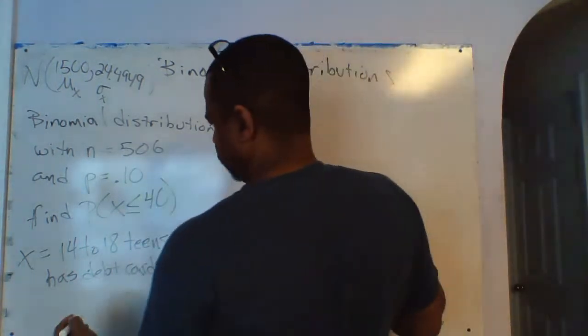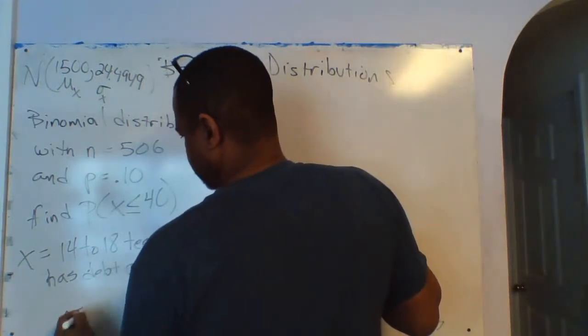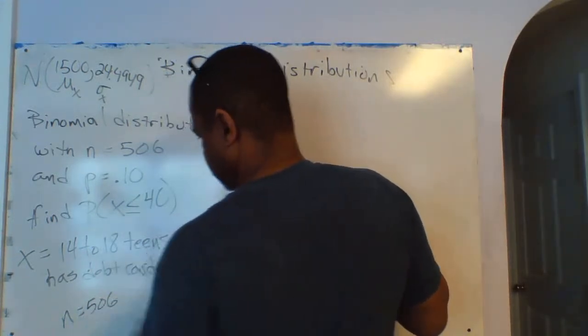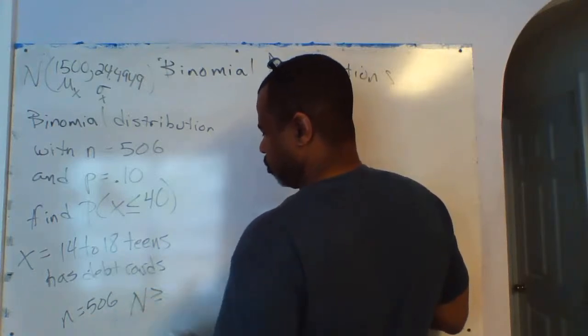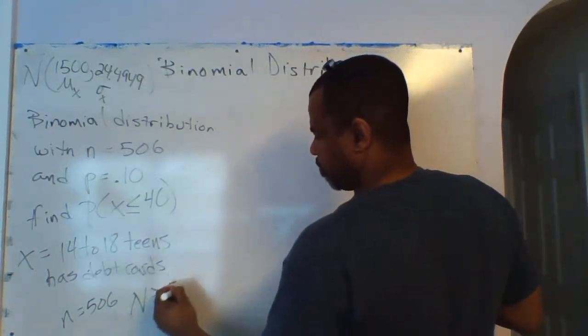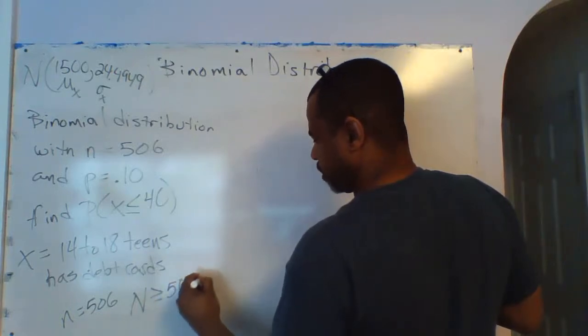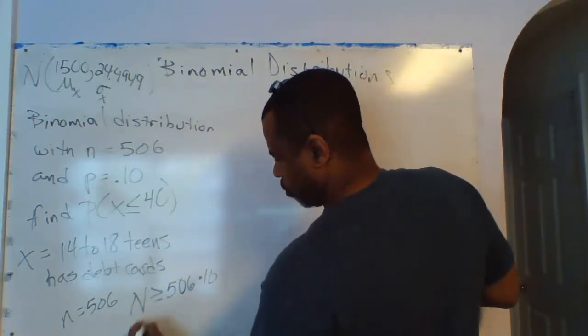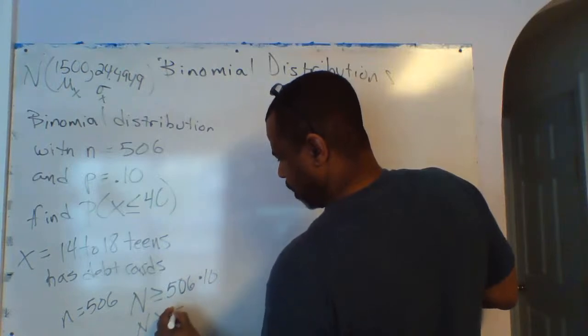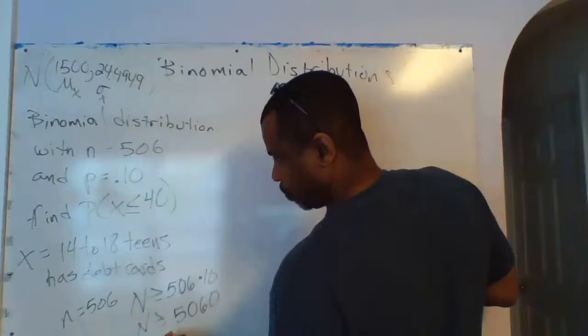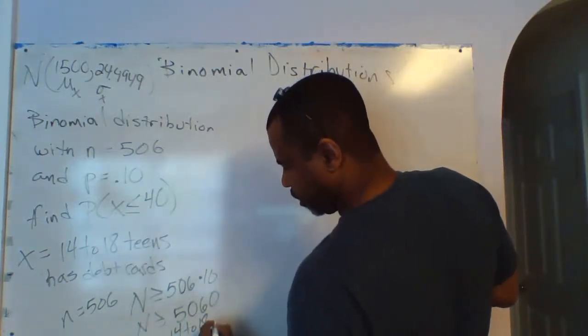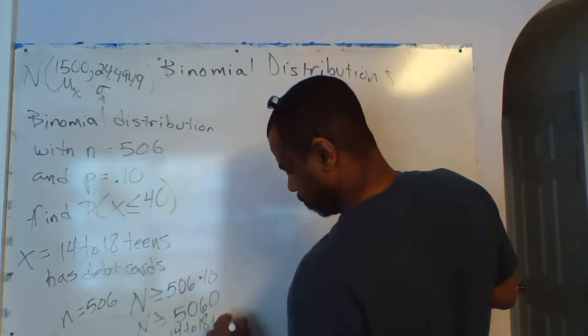All right, so we're going to test the 10% condition rule. So if n is equal to 506, then we want the population to be at least 506 times 10. So the population needs to be at least 5,060 14 to 18-year-old teens with debit cards.